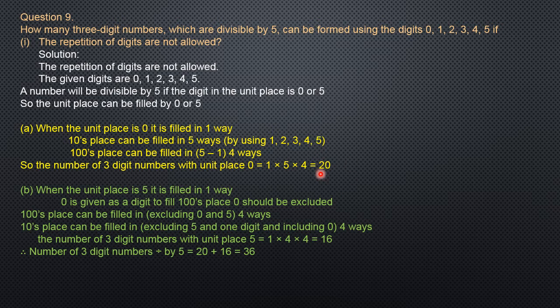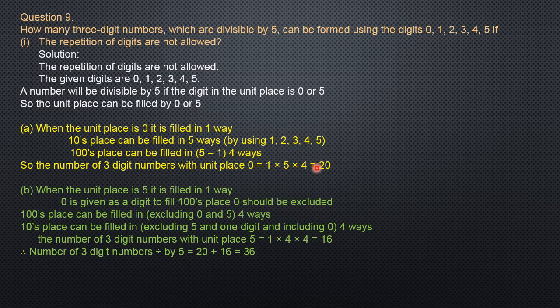So there are 20 three-digit numbers which are divisible by 5 with unit place 0. Next, there are 16 three-digit numbers divisible by 5 with unit place 5.